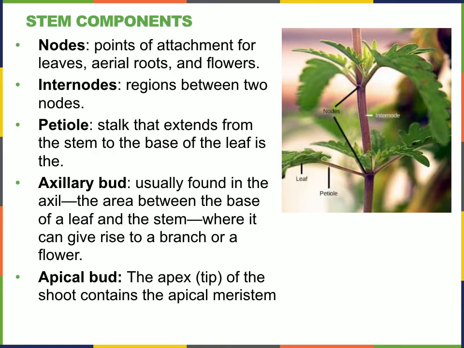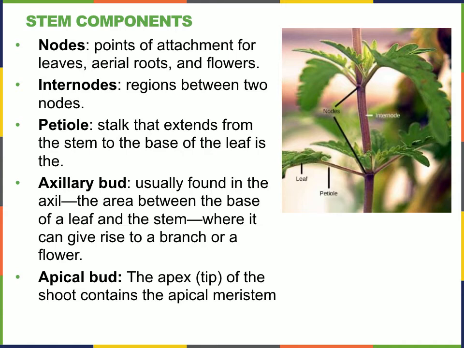When we talk about stem components, the stems contain nodes for the attachment of leaves, sometimes branching of aerial roots and flowers. The internode region is the stem component between nodes. And then when a leaf branches off, you have a petiole. Okay, the stems grow in several ways.